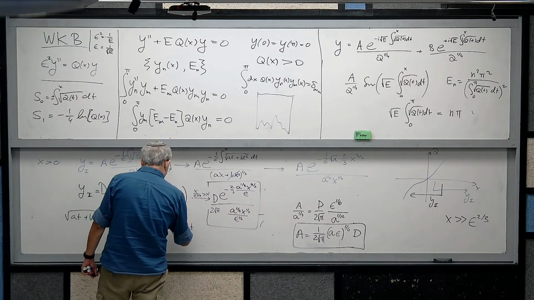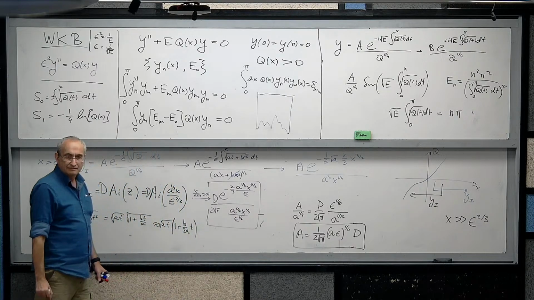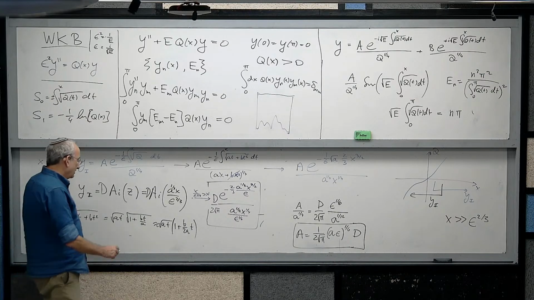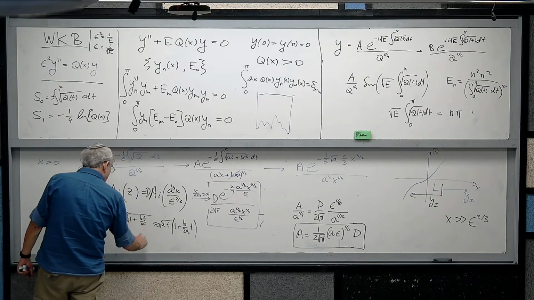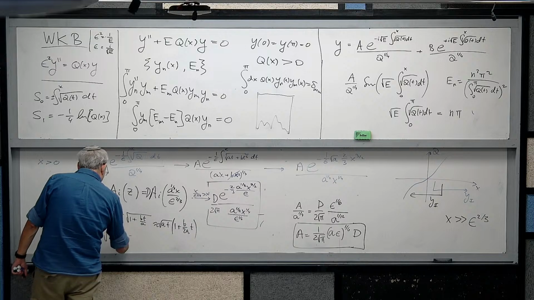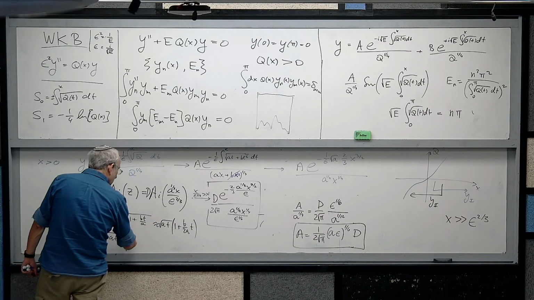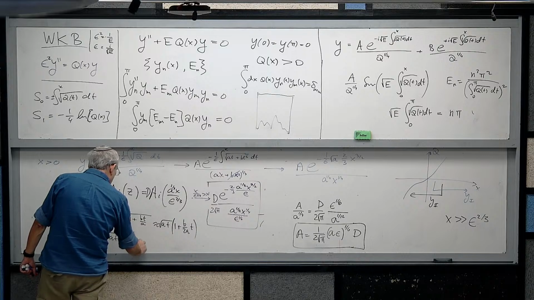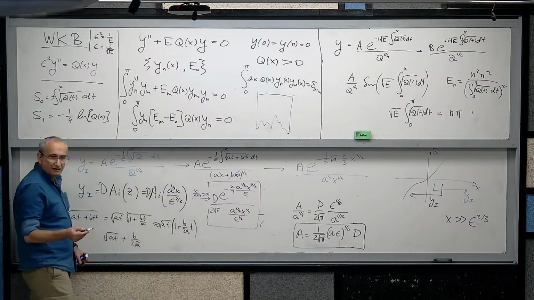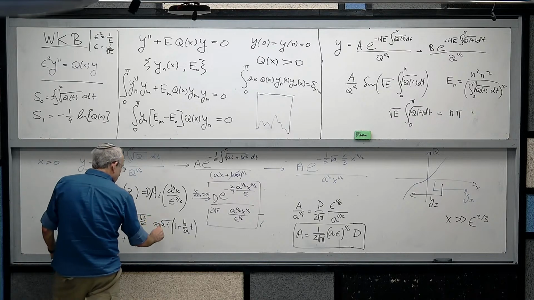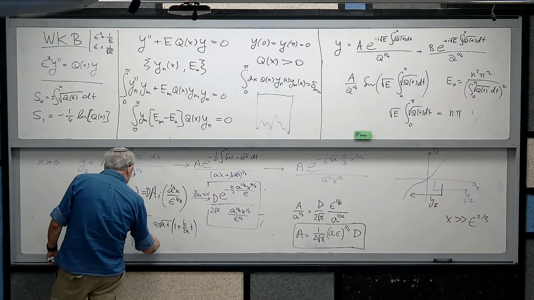Sorry, 1 plus. All in all, I have a square root of at plus b over 2 square root of a, which is a number of order 1, I don't care, times t to the 3/2.